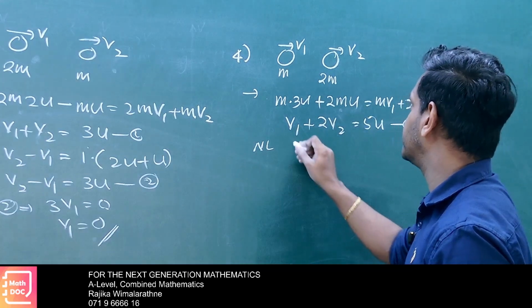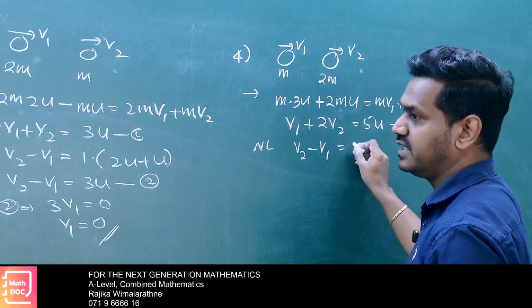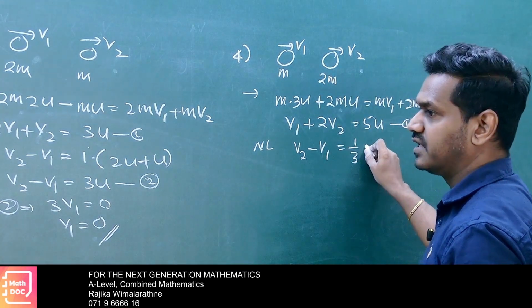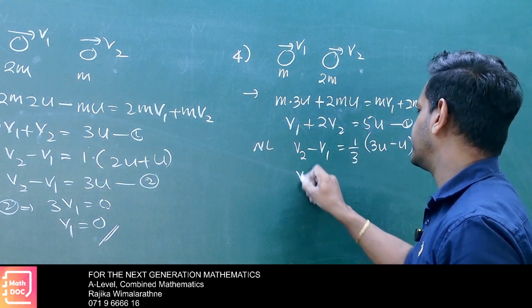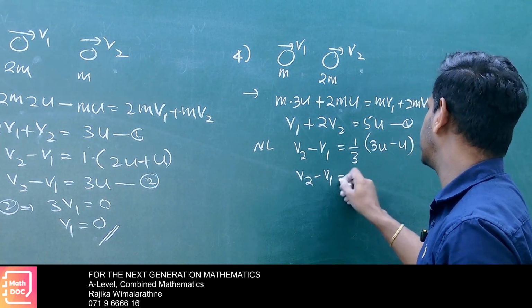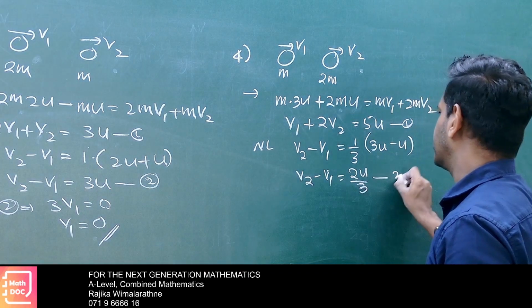Newton's law: v2 minus v1 equals e, 1/3, times relative velocity 3u minus u. Then v2 minus v1 equals 2u over 3.